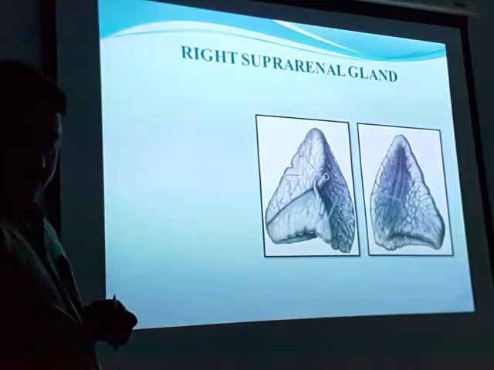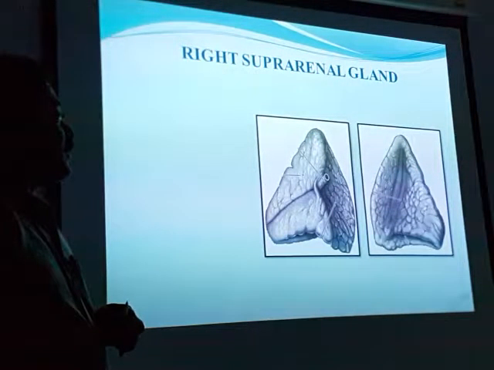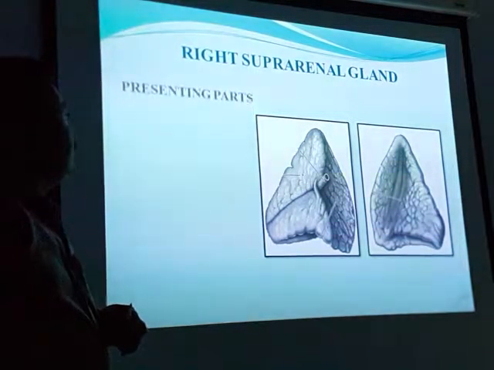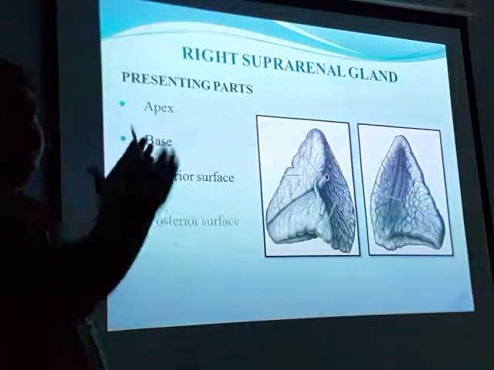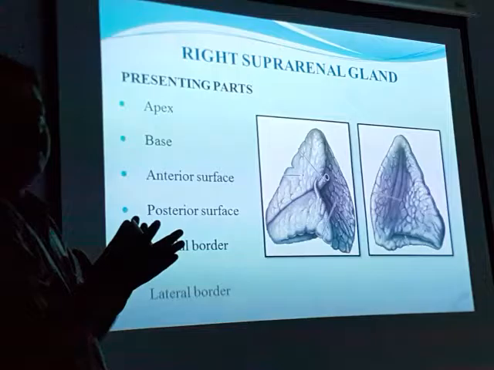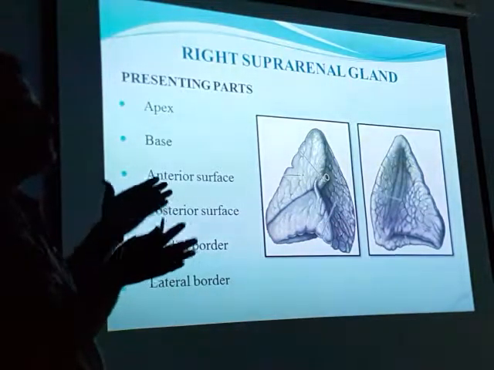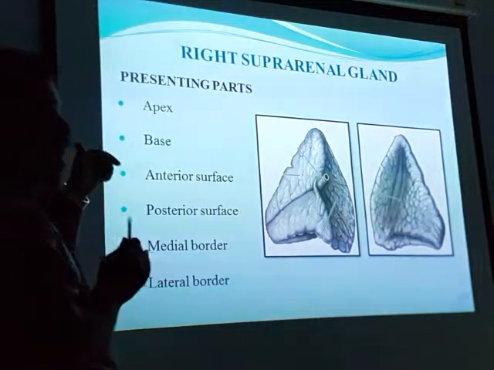Next is the right suprarenal gland. What are the presenting parts of the right suprarenal gland? As it is pyramidal in shape, it bears an apex and a base.